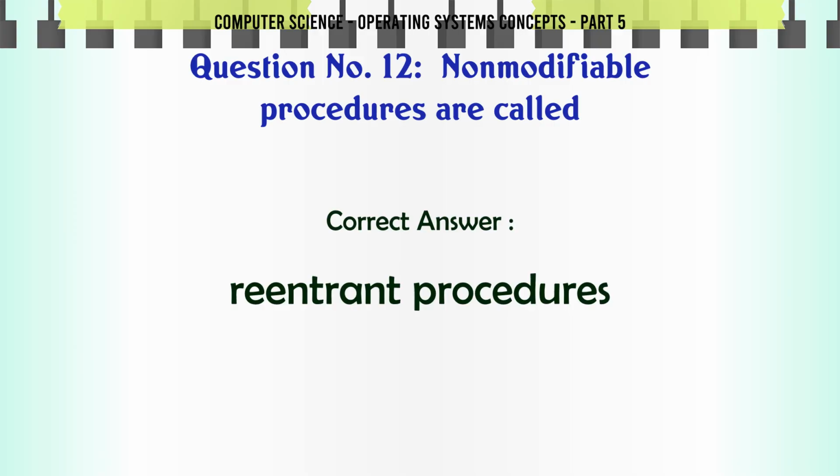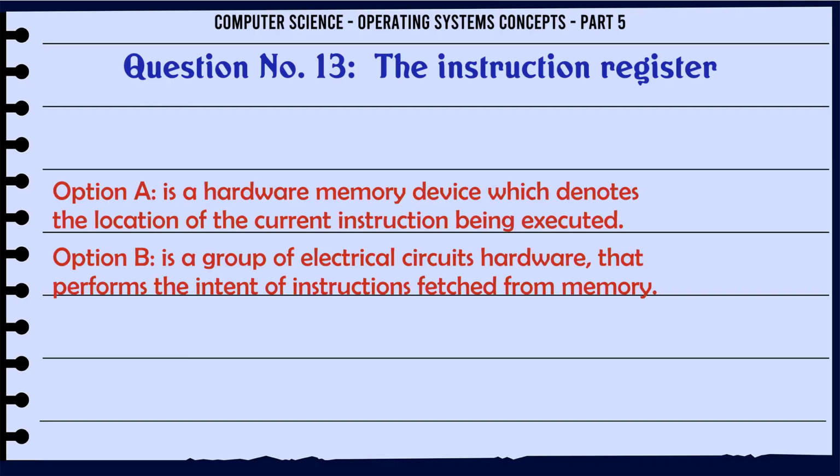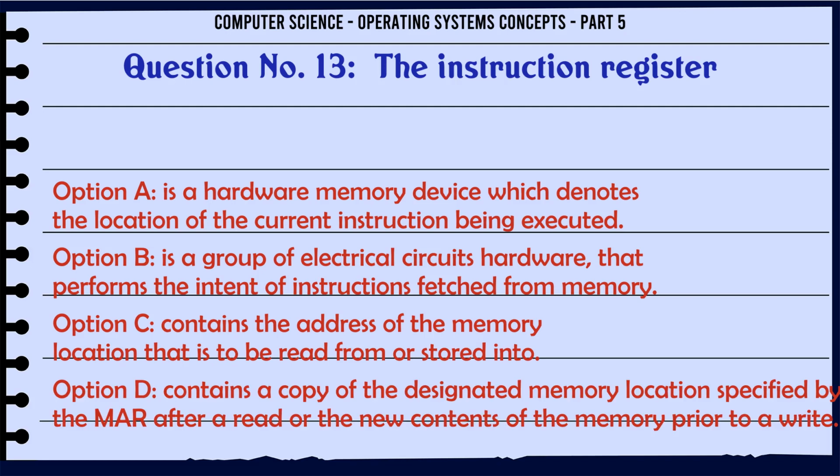The instruction register. A is a hardware memory device which denotes the location of the current instruction being executed. B is a group of electrical circuits (hardware) that performs the intent of instructions fetched from memory. C contains the address of the memory location that is to be read from or stored into.